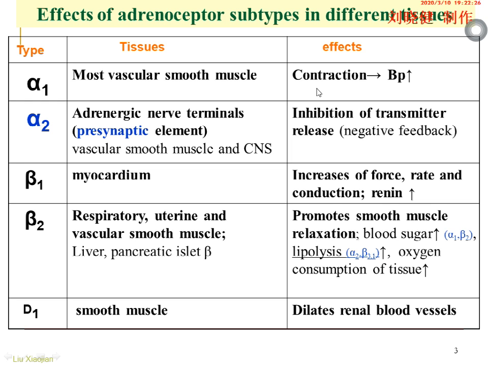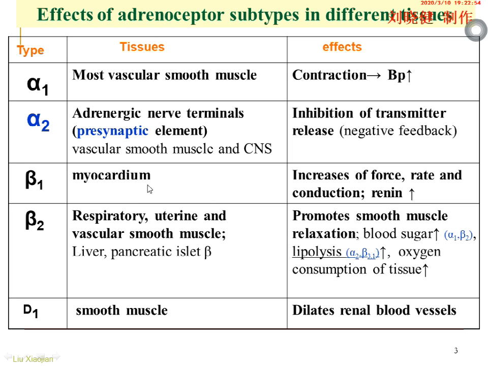It induces vasoconstriction and increased blood pressure. And the alpha 2 receptor is mainly in the presynaptic membrane, and it has a negative feedback role in the regulation of neurotransmitter release. So once it is activated, neurotransmitter release is decreased.